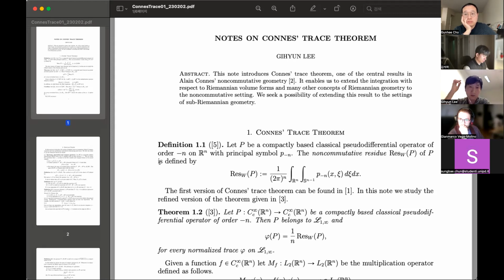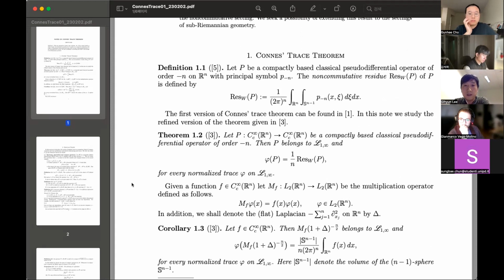This is not exactly the first version introduced by Professor Alain Connes. This is the version refined by other scholars about 10 years ago.